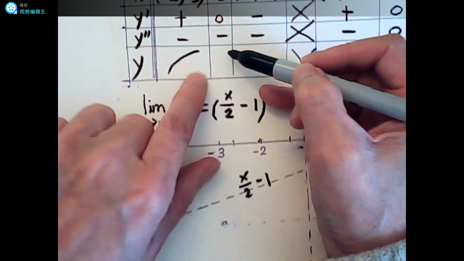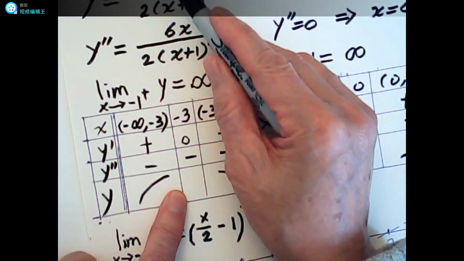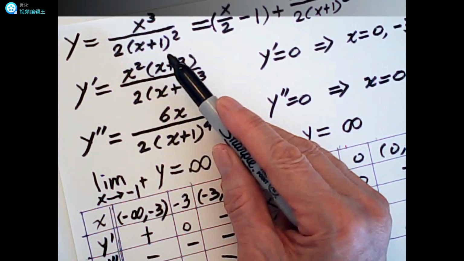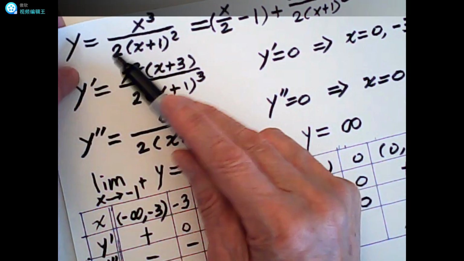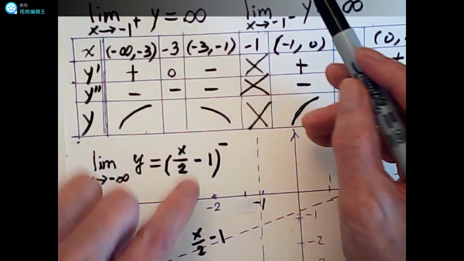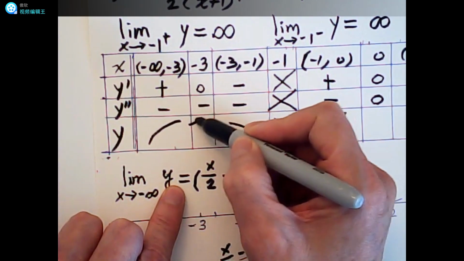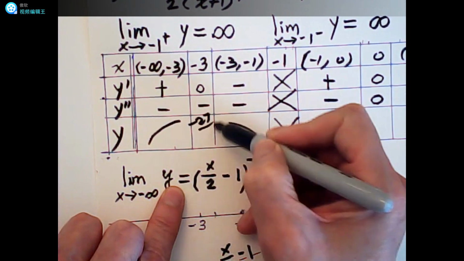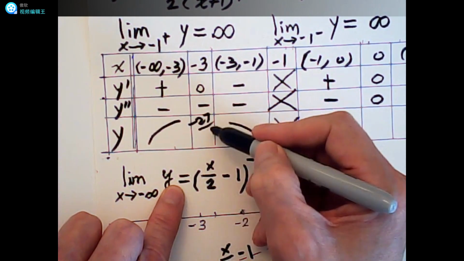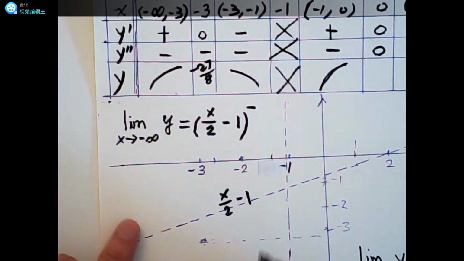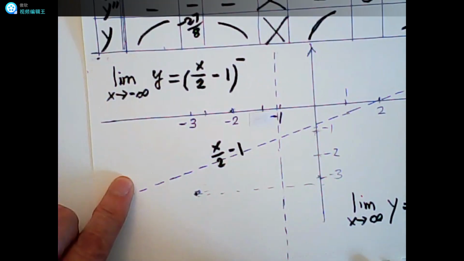We put -3 here and find the y value. When x is -3, we put it here and calculate this value, which is -27 over 8. So that is the number.